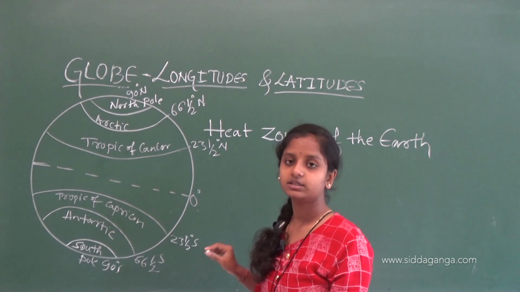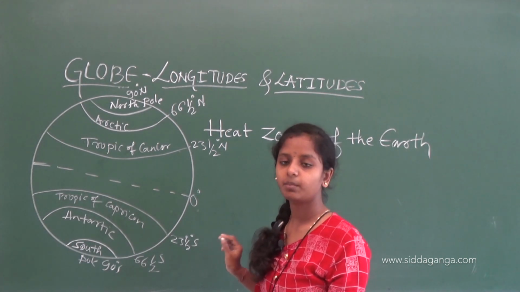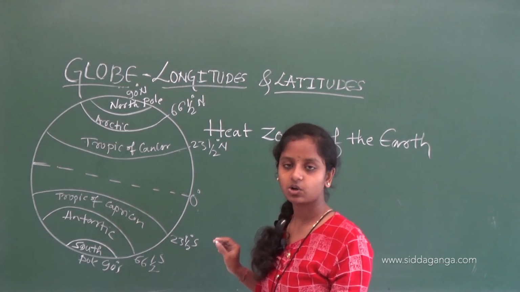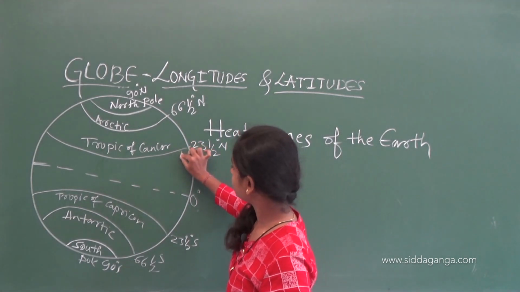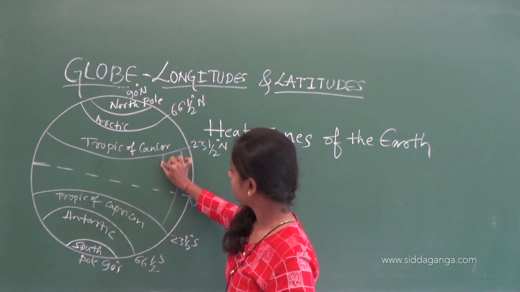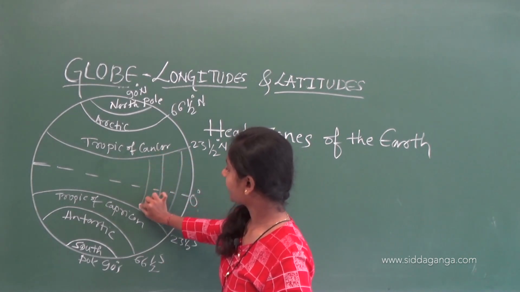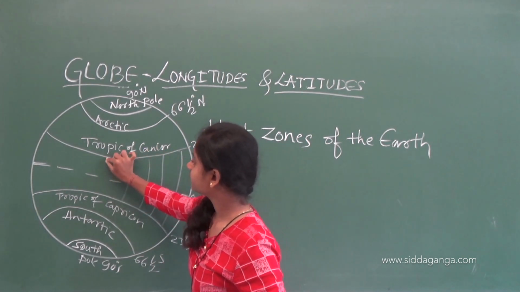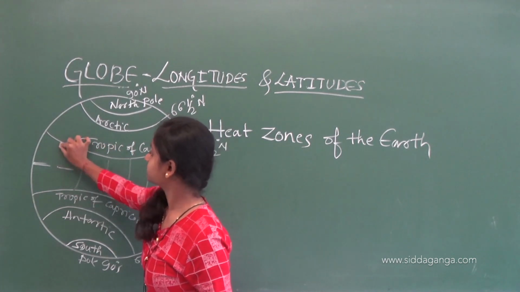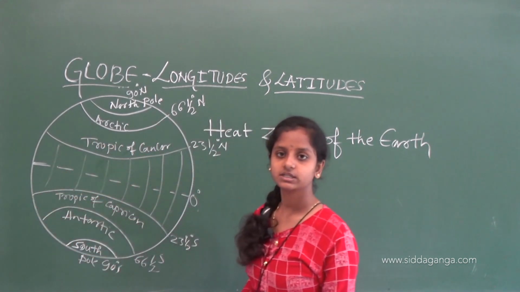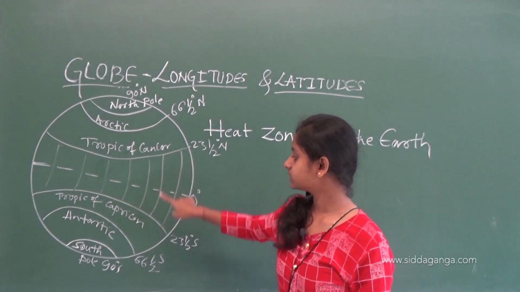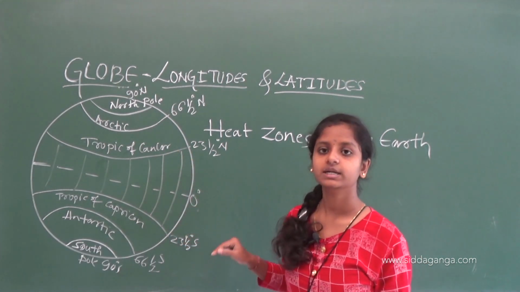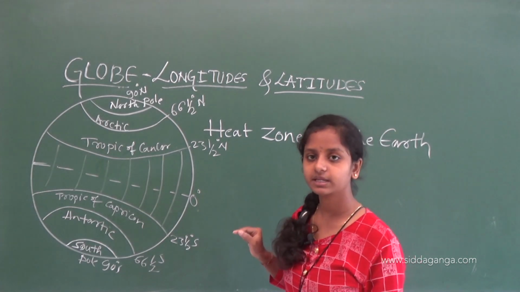This area therefore receives the maximum heat and is called the torrid zone. So this whole area receives maximum heat, so it is known as the torrid zone. Let me repeat it again. The area in between the Tropic of Cancer and the Tropic of Capricorn receives the maximum heat.